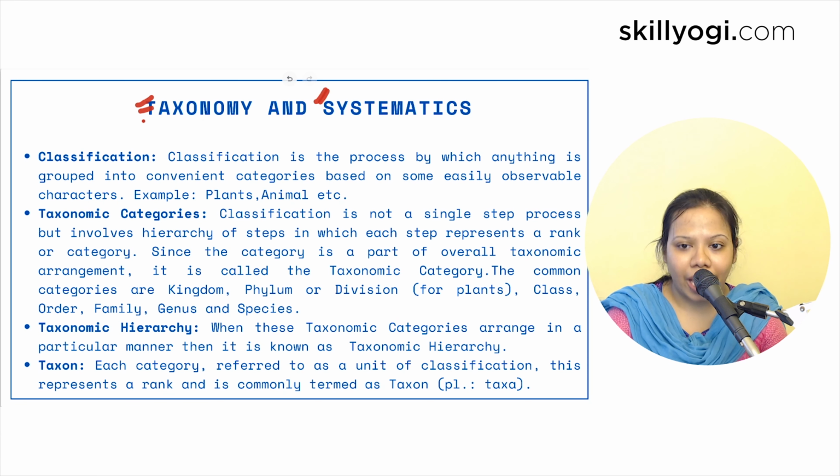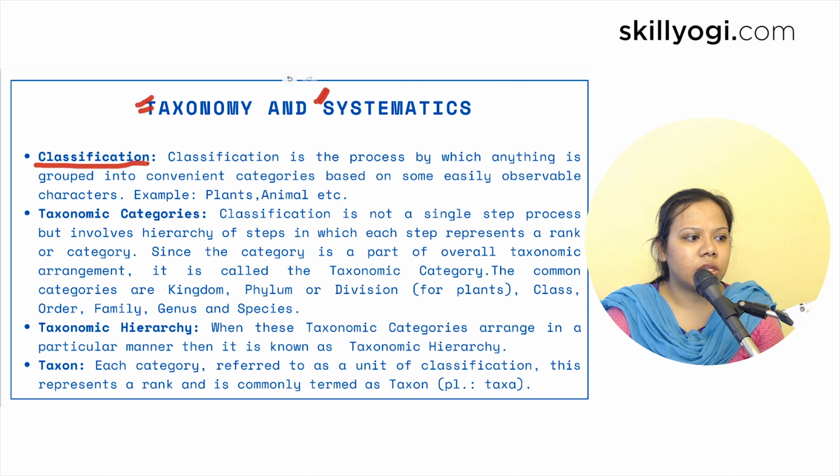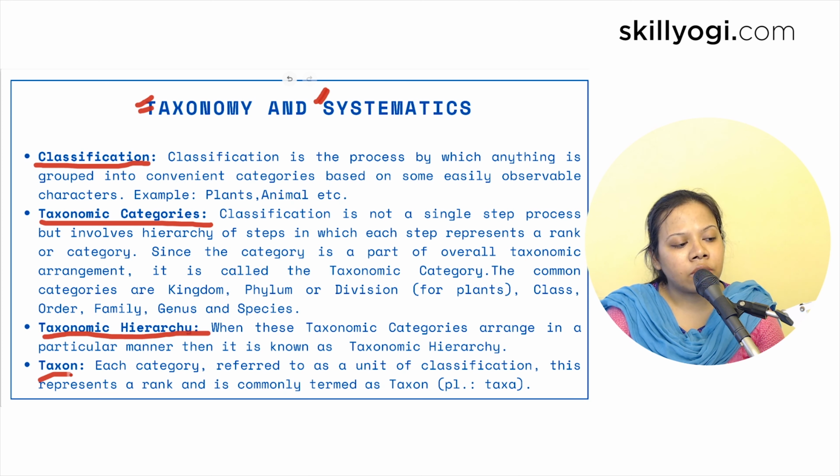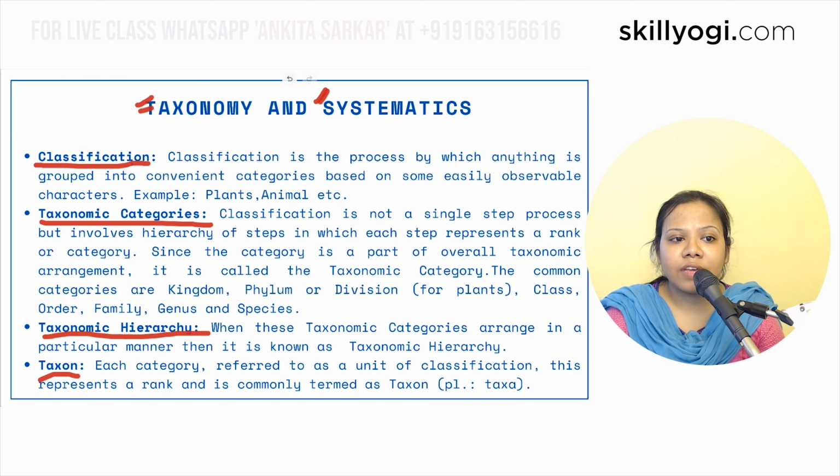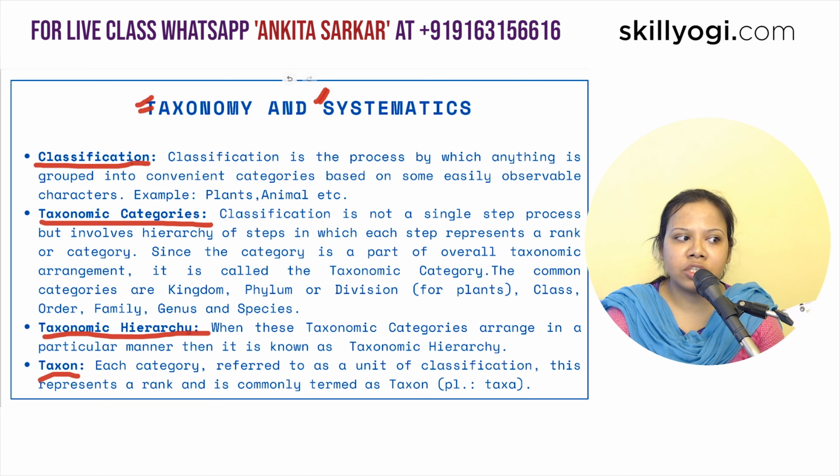Next topic is taxonomy and systematics. Before going to taxonomy and systematics, we have to understand some terminology: classification, taxonomic categories, taxonomic hierarchy, and taxon. So first, what is classification?